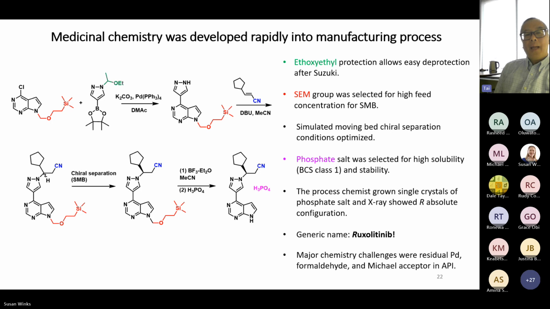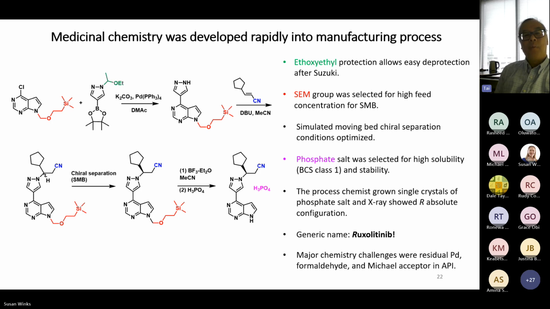So, we use a technique called simulated moving bed chiral separation. We worked in conjunction with a manufacturer and a chromatographic company to optimize the chiral separation procedure. So from the racemic, we could get to the chirally pure compound with the protecting group on.